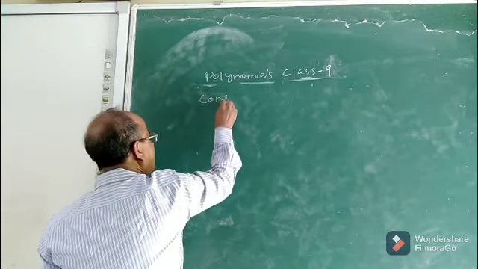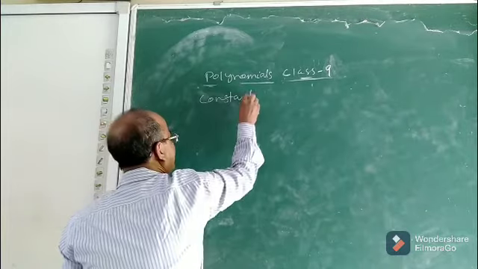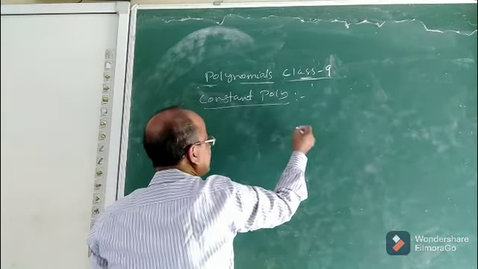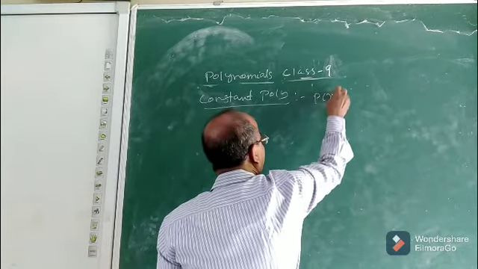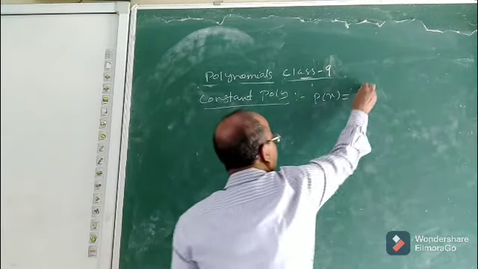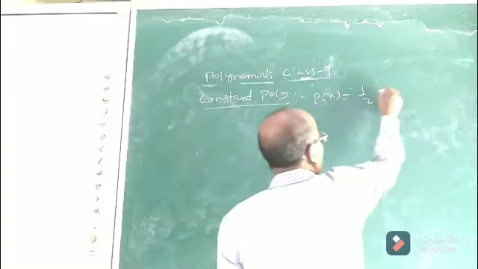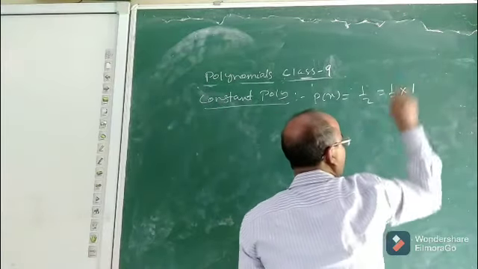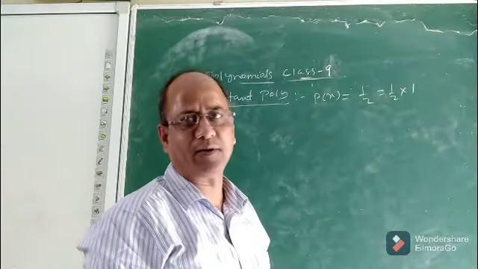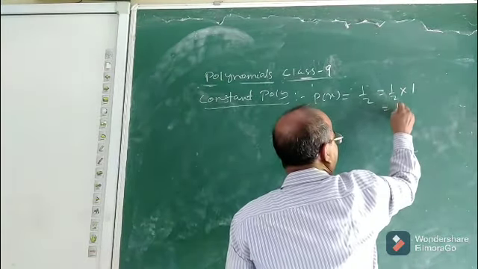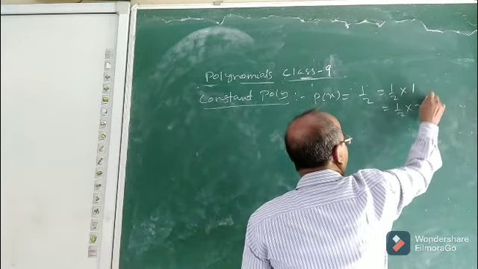What is a constant polynomial? I am giving you an example. Let a polynomial in variable x be given as p of x equal to half, suppose. Half means half into 1. We cannot write half as half into any other number. And half into 1 can be written as half into x to the power 0.